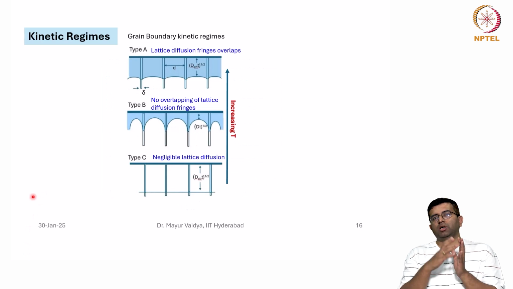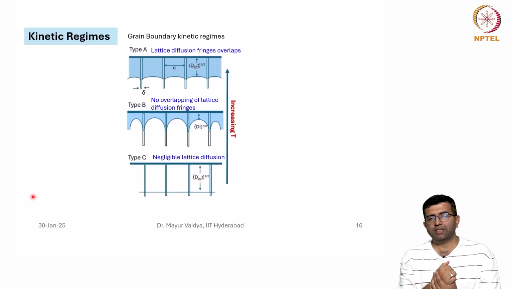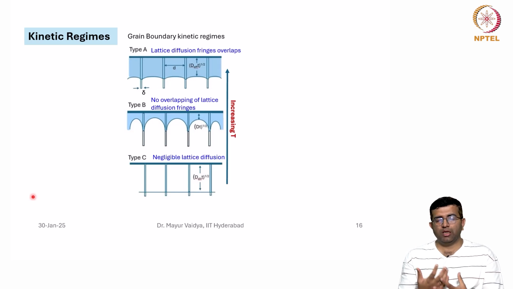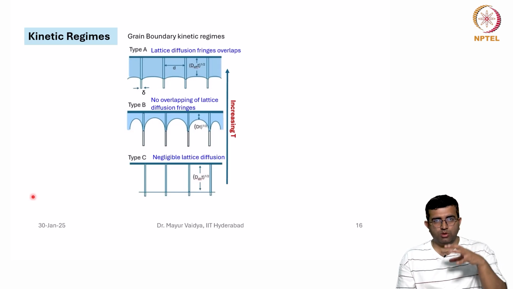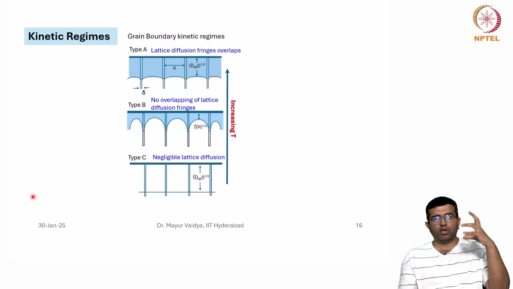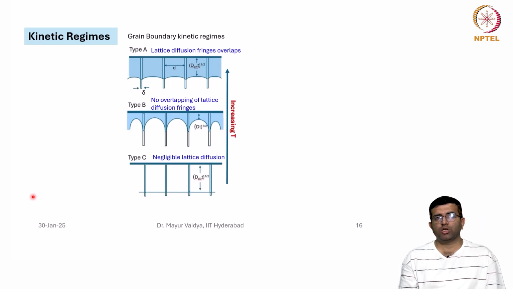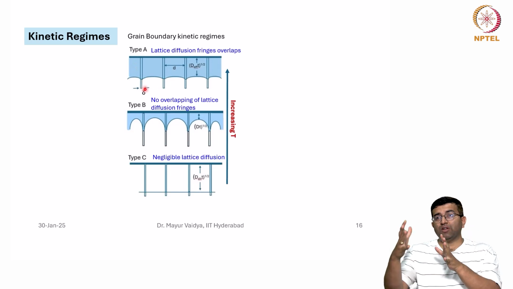Then we started looking at the other paths which exist in crystalline materials, primarily the grain boundary. Before that we only talked about lattice diffusion. Then we moved to grain boundary diffusion to understand the various kinetic regimes, where the grain boundary contribution is different at different temperatures.